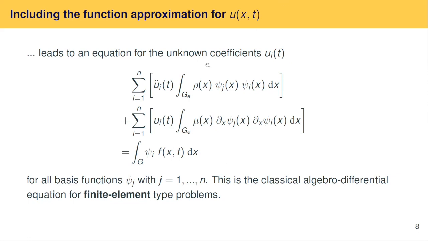If you have a general distribution of rho as a function of x and mu as a function of x, this is no longer possible. You have to do numerical integration. And that's one additional aspect of the spectral element method. And we'll get to that in a minute.